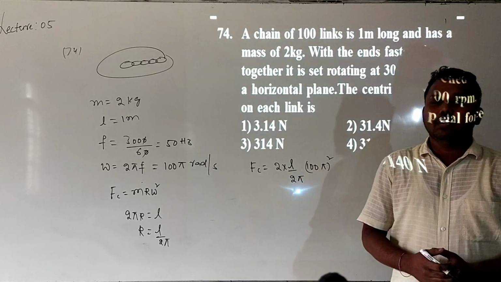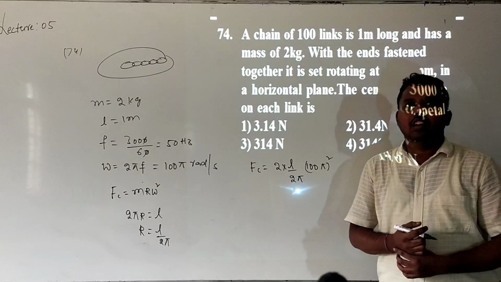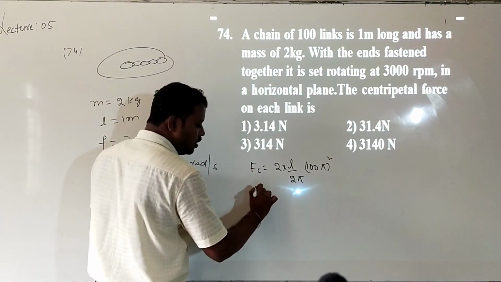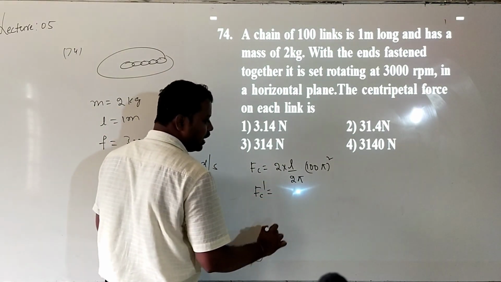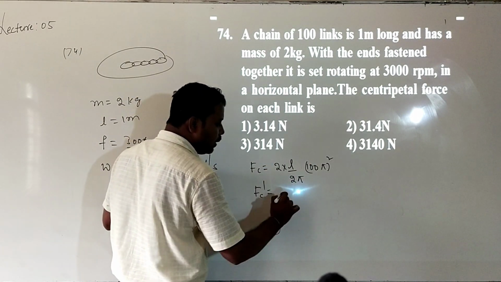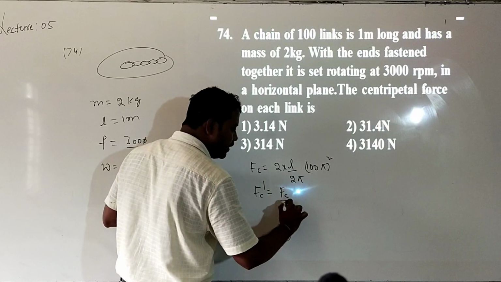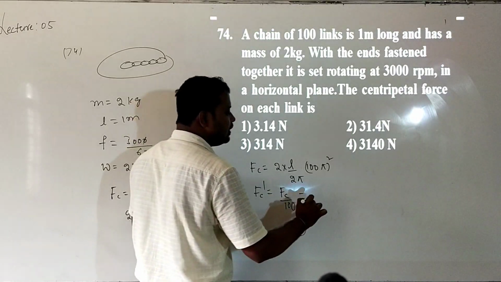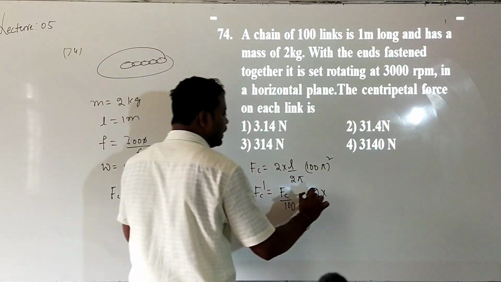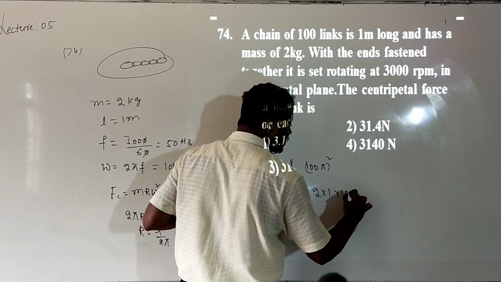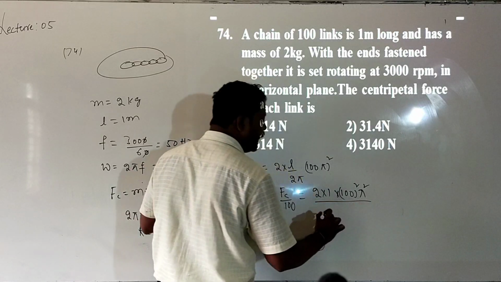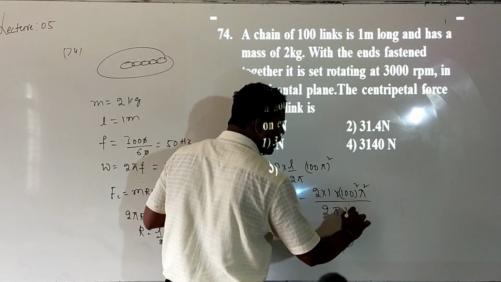We are asked for the centripetal force on each link. This is for 100 links, so on each link, let me call the centripetal force F dash. So the total Fc will be divided by 100. Then finally, the answer is 2 into L, which is 1 meter, into 100 square into pi square, divided by the denominator 2 into pi into 100.